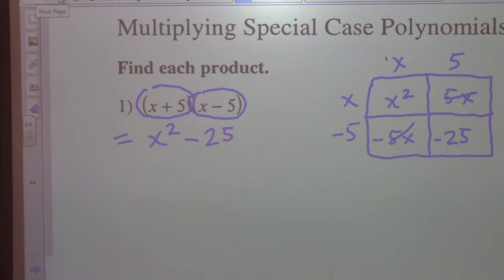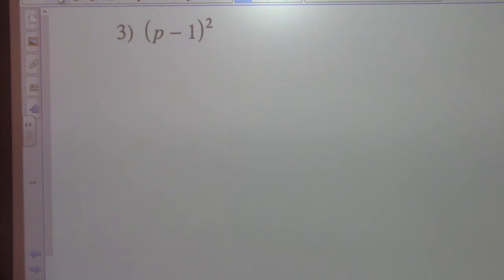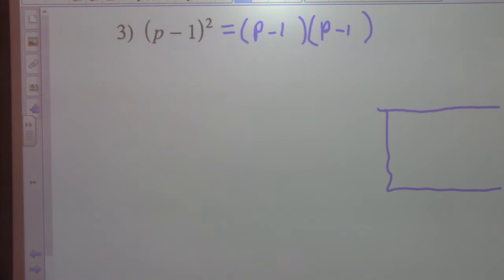Now I want to show you a different type of situation, which is this one right here, where you're squaring a binomial. You can rewrite this quantity p minus 1 squared as p minus 1, p minus 1. If we go ahead and make a box out of this, we can put p minus 1 here and p minus 1 here.